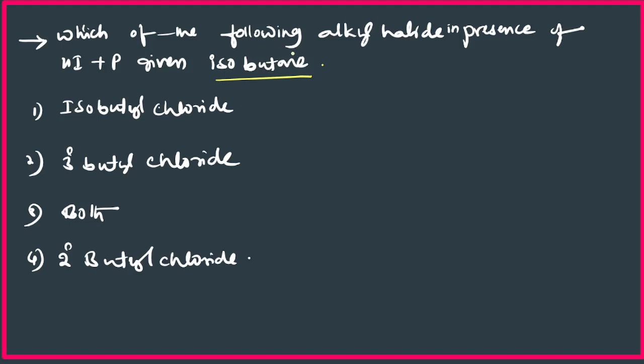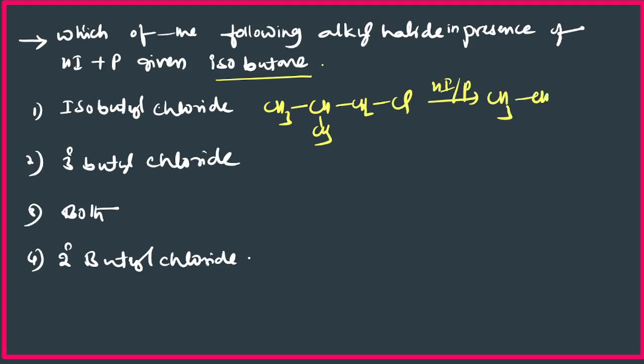See, isobutyl chloride, (CH3)2CHCH2Cl, with hydrogen iodide and phosphorus gives what? (CH3)3CH. It is isobutane.